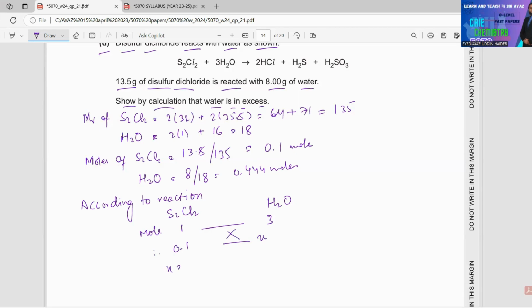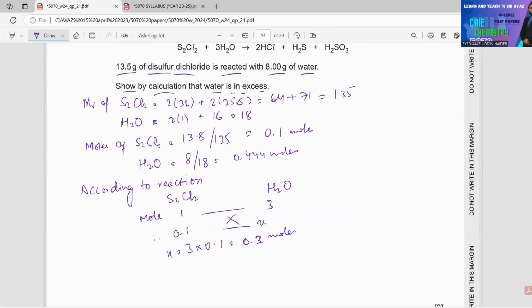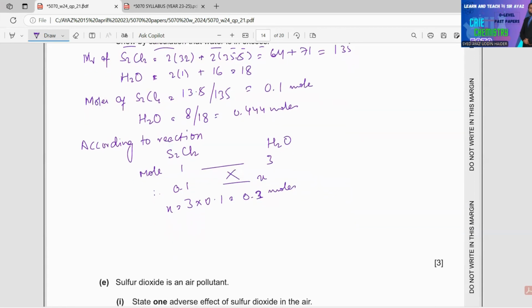Definitely X becomes 3 multiplied by 0.1 is equal to 0.3 moles. So 0.3 moles is needed. So 0.444 mole is provided from the data. So hence it's proved that water is in excess.